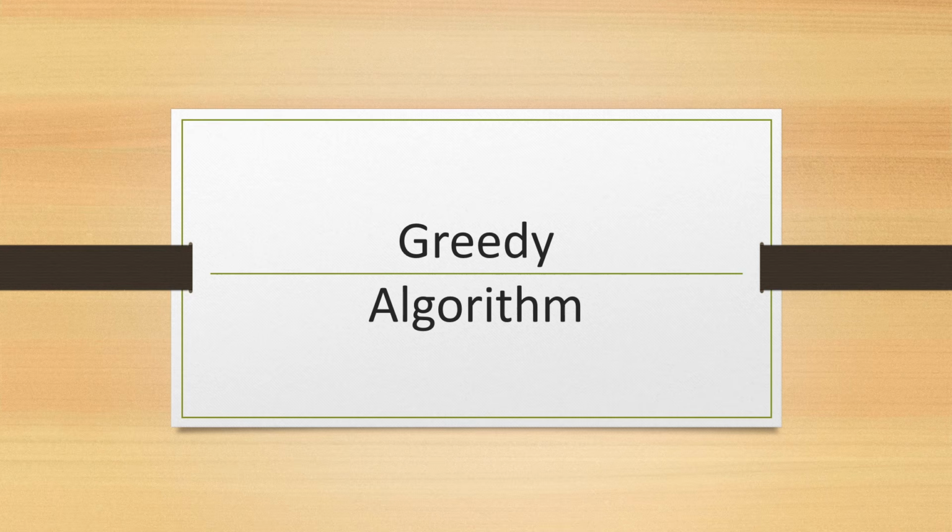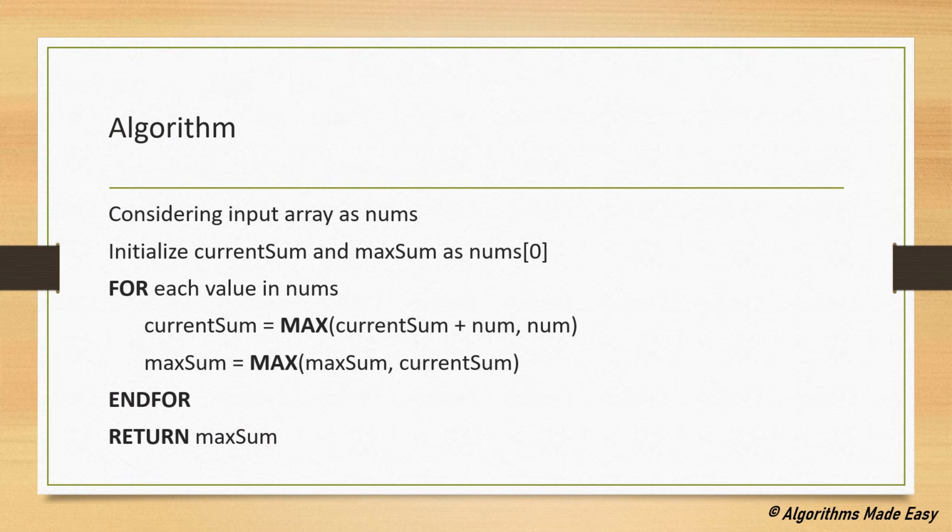We will now move on to a different approach to solve this problem. This is how the algorithm will look. We would initialize two variables, current sum and max sum, with the first value of the input array. Current sum would hold the local maximum sum.